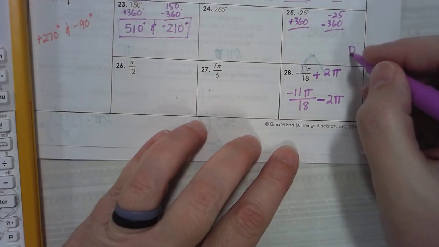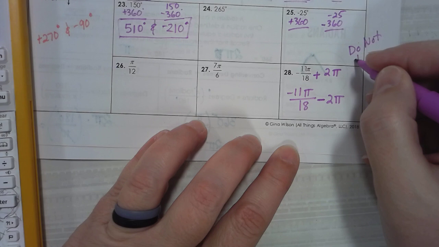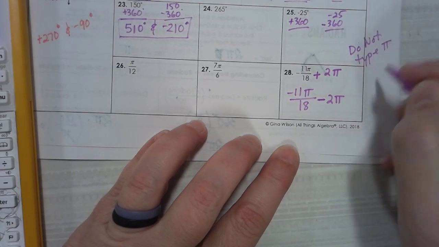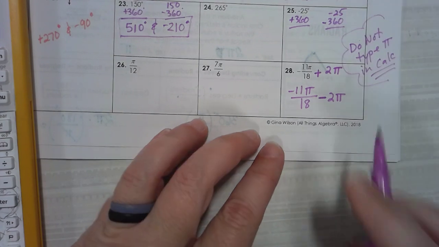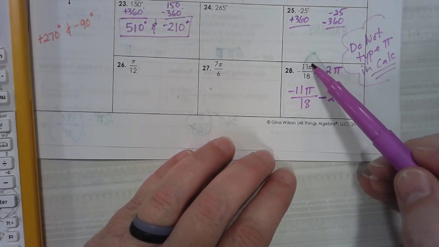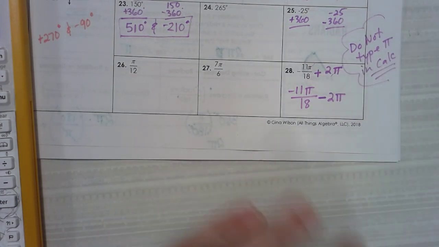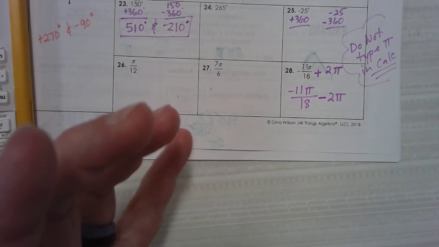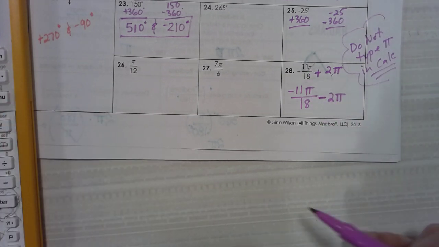Do not type pi in your calculator for this, right? We're going to do everything except the pi. So we're combining our like terms. Imagine those were like x's, right? Negative 11 over 18x plus 2 over x. You just add the numbers and you tag x onto the bottom or to the back.